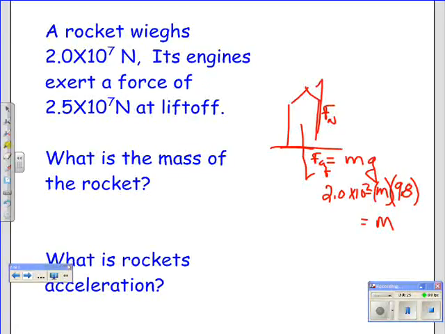Again, what does the calculator give you?